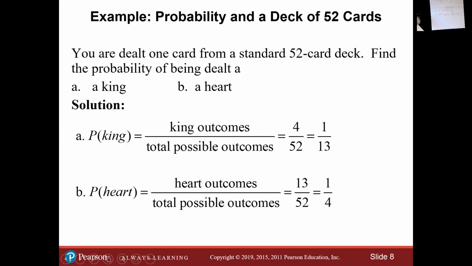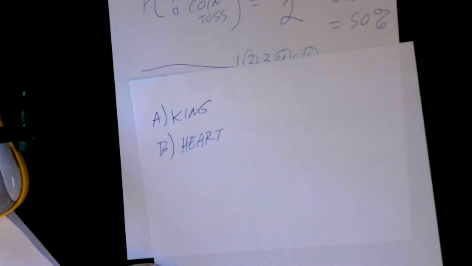Now, this next example, we're looking at a deck of cards. Standard 52 card deck. Find the probability of getting a king or a heart. Just like in the previous example, simply do part over total.